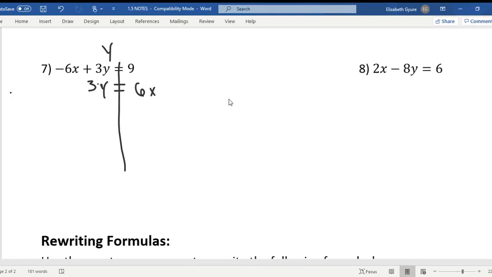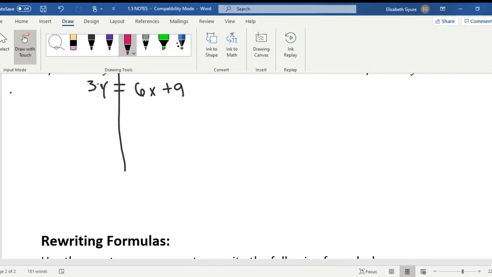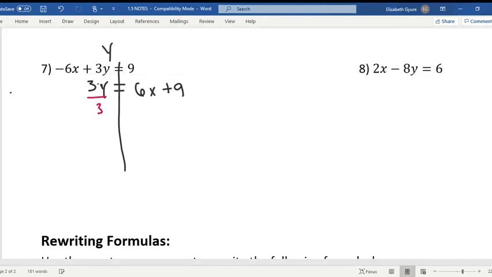Yeah, leave it where it is. And then last thing for this one, Jesse, is there anything else I need to do now to make the y all by itself? Yep, by what? Yep, divide everybody by 3.